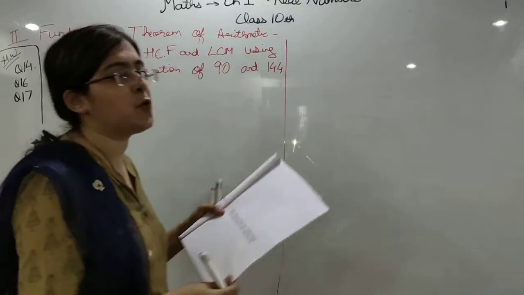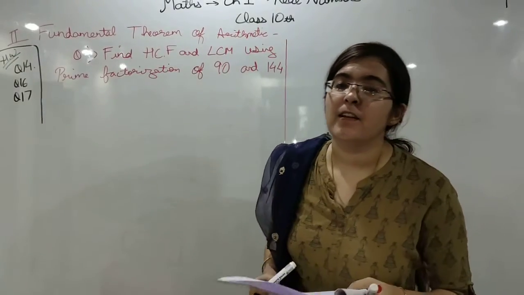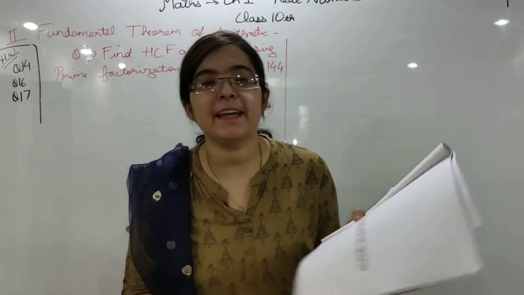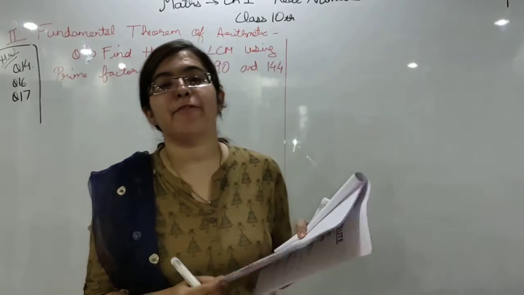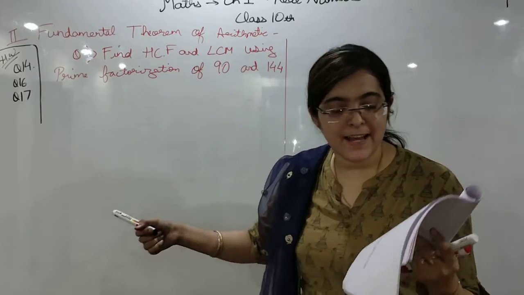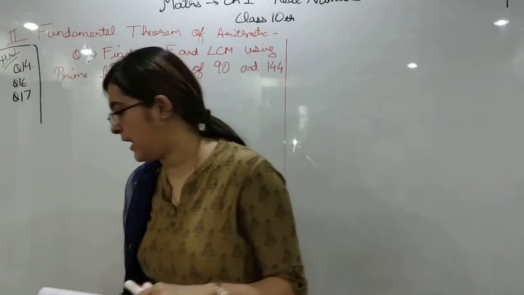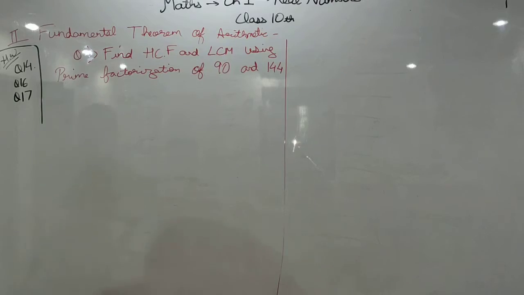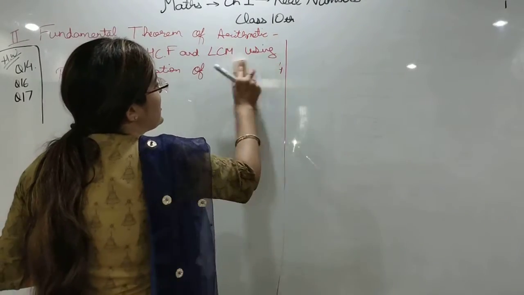Students, now come to question number 18. What you have to do is find the HCF and LCM using prime factorization of 3 numbers. Read the question.